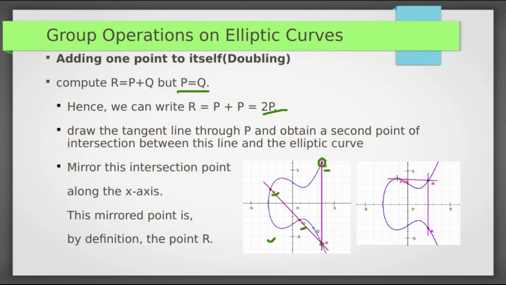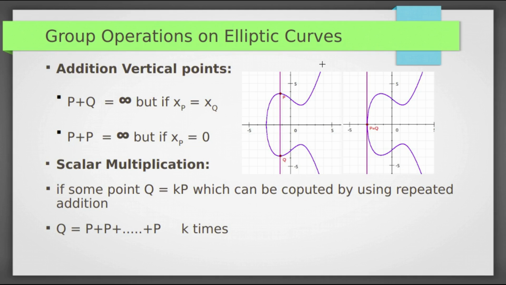To obtain this, draw the tangent to the curve at this point P. Find the intersection between the curve and the tangent. Call it minus R. And take the mirror along the x-axis. That mirrored point is the result. It is 2P.